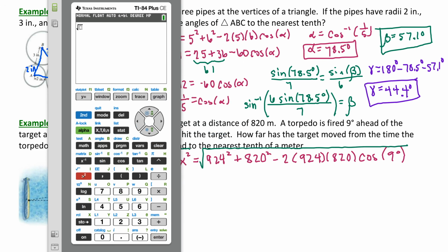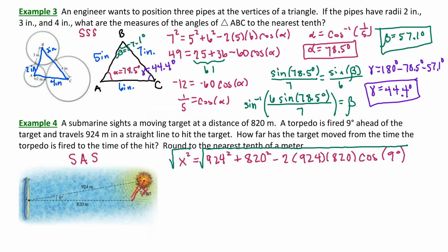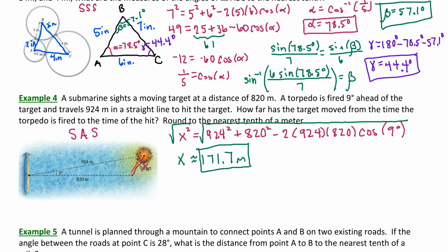So plugging this into our calculator, we have the square root of 924 squared plus 820 squared minus 2 times 924 times 820 cosine of 9. To the nearest tenth of a meter, the distance is 171.7 meters. So x is approximately 171.7 meters. Very simple application of the law of cosines.